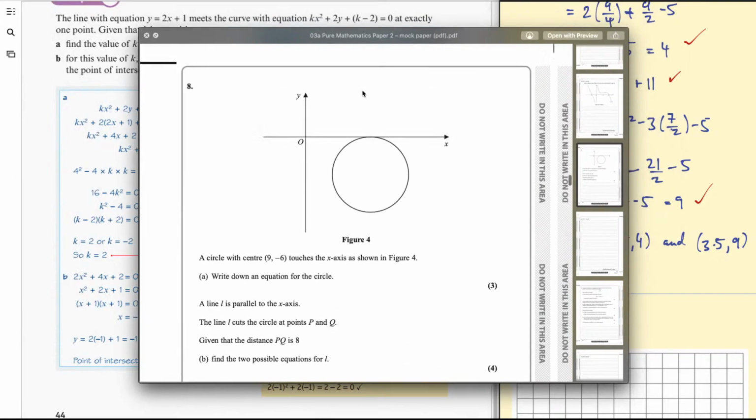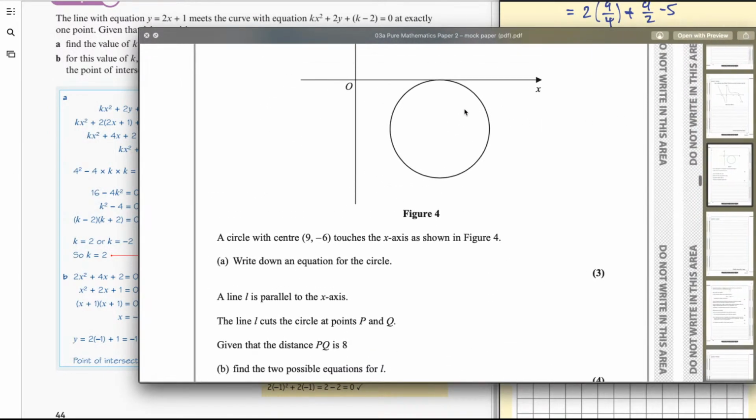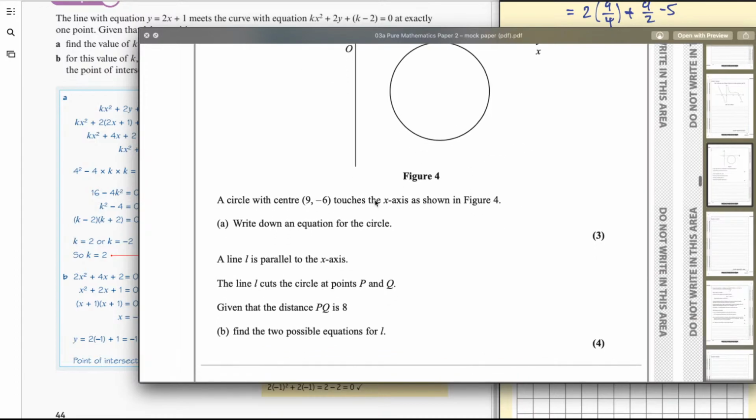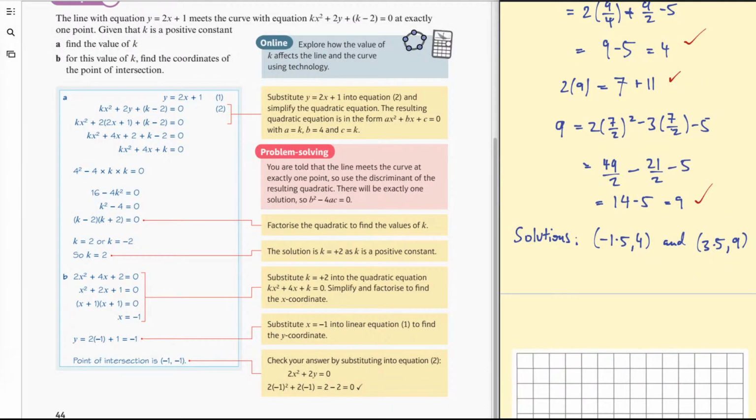Here's an example with a circle, and they give you some conditions on the lines. But again, this was largely solved algebraically. I mean, the graph helps to understand the problem, but the actual solution you get at algebraically, as I said.